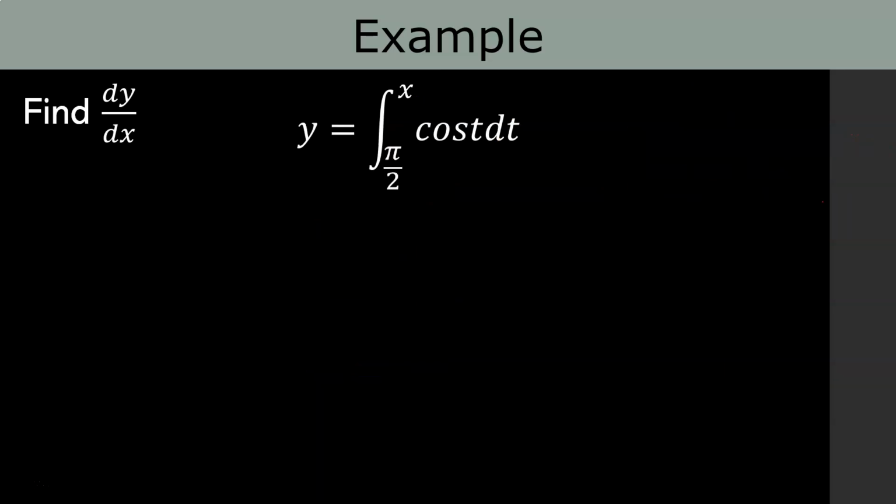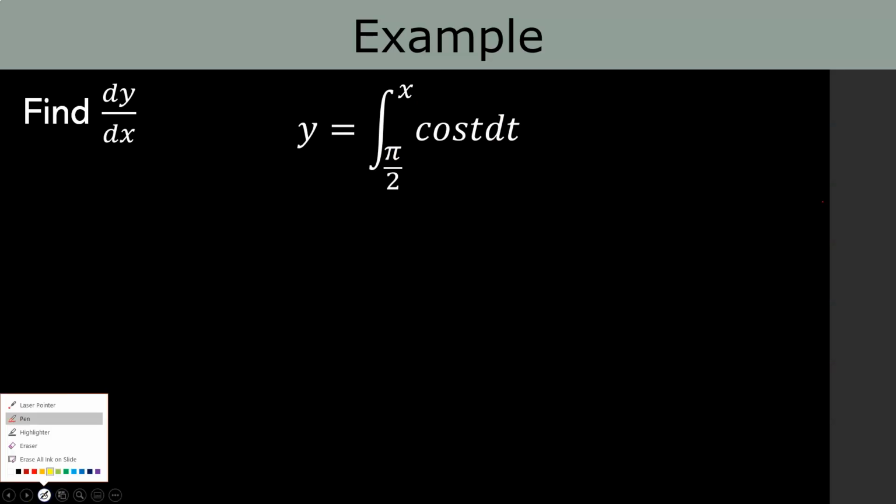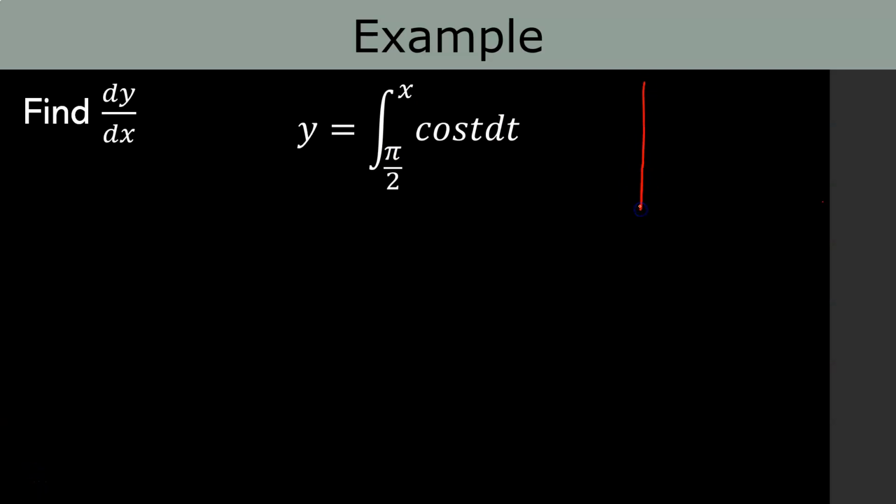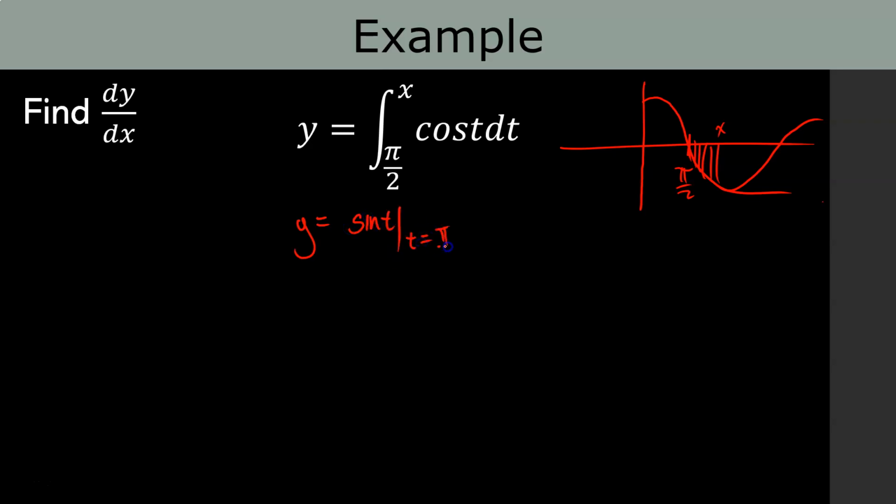Let's see if that holds here. So we want cosine of t starting at pi halves and going to some x value. All right, here we go. First we'll evaluate the definite integral: sine of t from pi halves to x.